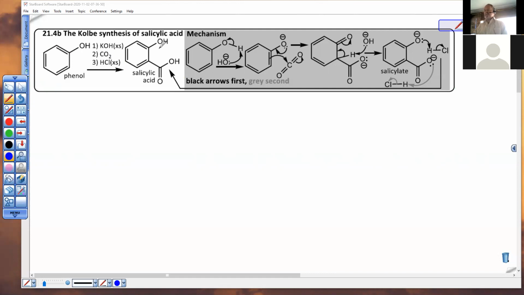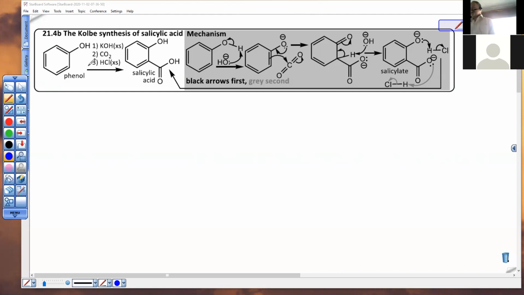So thousands of trees get killed every year to extract salicylic acid from the bark. This does not need to be done if you start with this byproduct of the petroleum industry, phenol. You can take care of making salicylic acid by using the Kolbe synthesis. So Kolbe saved some trees.